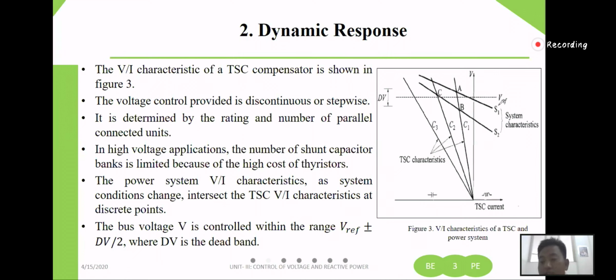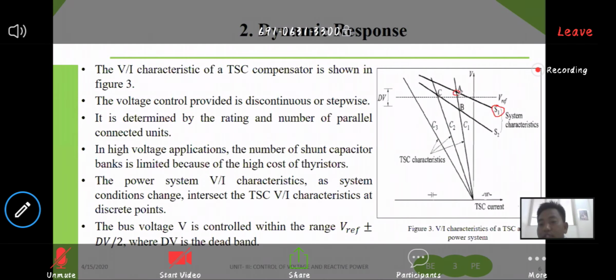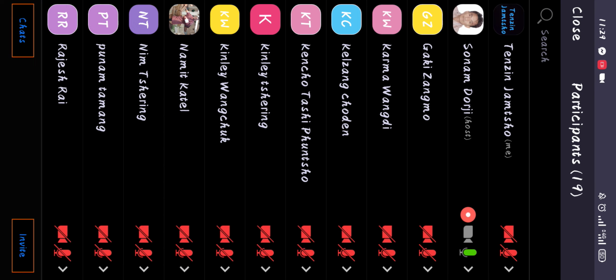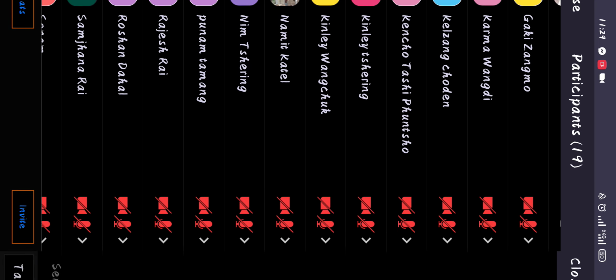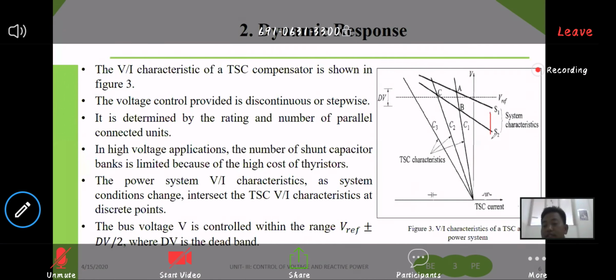So now when your system characteristic is S1, at least you will find an operating point here, even though it is not at the reference one. You will get that within the acceptable range. Okay, now let's consider that your system characteristic suddenly changes to S2.